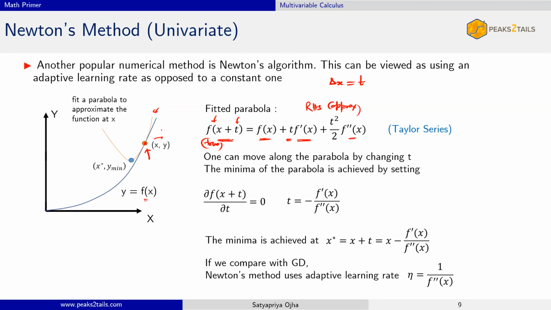If it is the orange one at a given point, we know the minima of the parabola analytically. Okay, the parabola is simple. It's just a U-shaped, quadratic function. You know how to calculate the minima. I know where the minima exist for the approximate function.